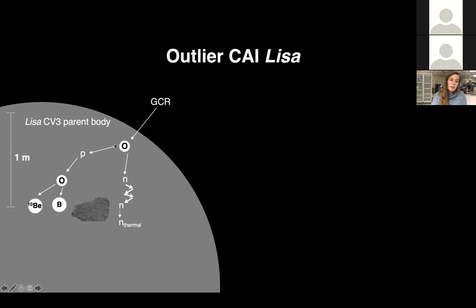But because the interaction also produces protons, these can collide with oxygen to create extra boron and beryllium. And because the concentration of boron is so low in CAIs, especially melilite, the boron excess created by this process could actually elevate the 10 over 9 beryllium ratio artificially.